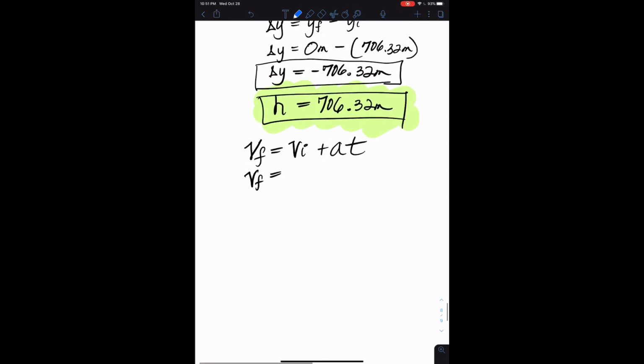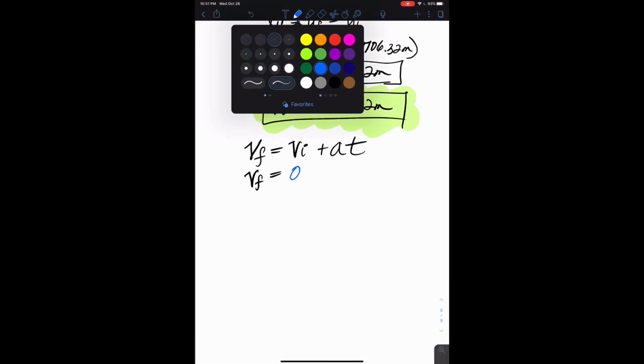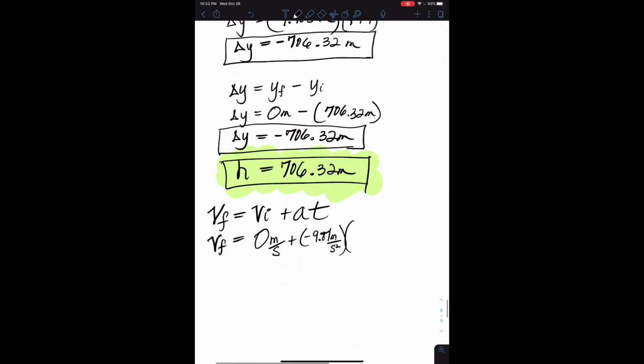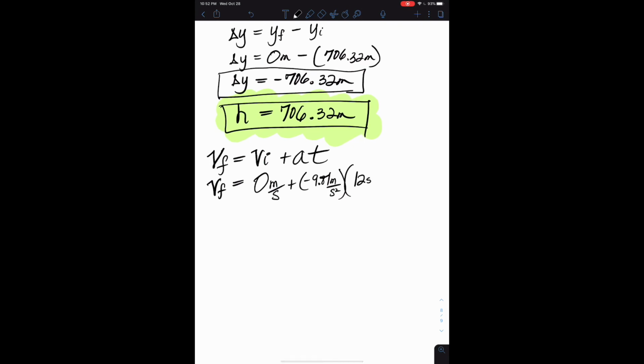All right, so anyways, coming back to this then, VF equals VI. VI is 0. Whoops, I'm still in blue. Dang. Let me erase that. VI is 0. Acceleration is negative 9.81 meters per second squared. And the time here is going to be, what was that, 12 seconds, 6 seconds? I can't remember, 12 seconds. We squared that above.